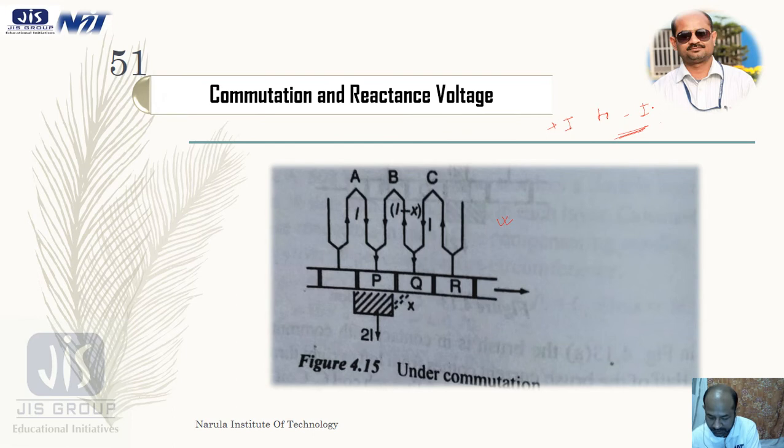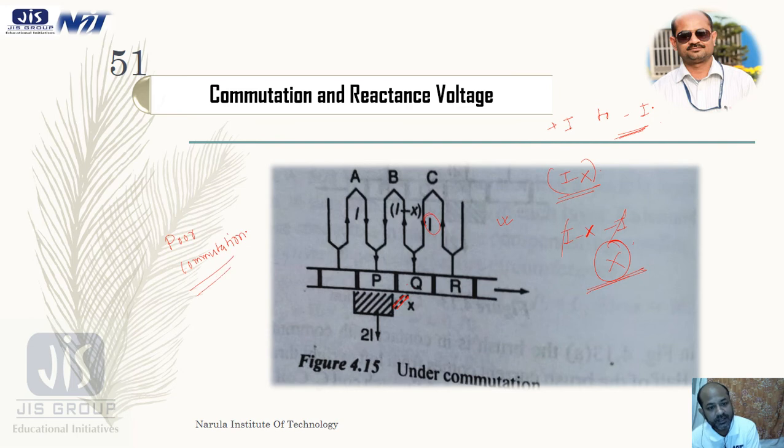The current in coil C is I plus I, whereas in coil B it is I minus X. So there is a difference of current flowing through coils C and B, which is X. This X current will jump from commutator segment Q to the brush, and sparking will occur. Thus there is a chance of sparking at commutation, which results in poor commutation.